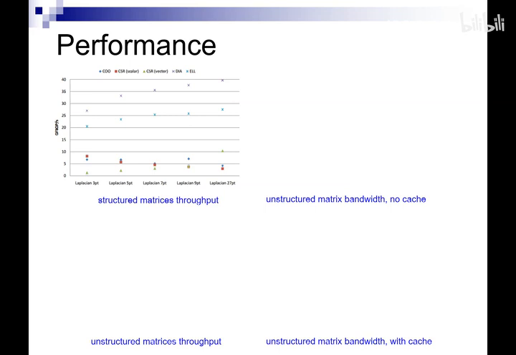We have a bunch of different storage formats, and we said that they're suited to different types of matrices. To test this hypothesis, we're going to look at two types of matrices, structured and unstructured. For the structured matrices, we're going to look at these so-called Laplacian k-point matrices.